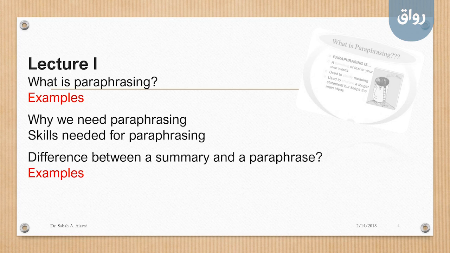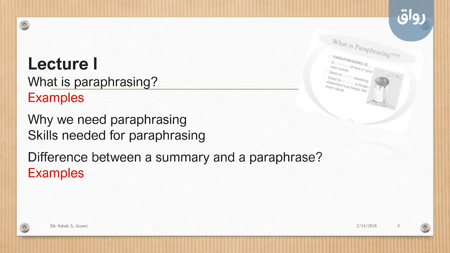Now, this skill requires 2 major skills, which are analytical skills, in order to understand the original text and to be able to recognize the main ideas, the details in it, and then think of how to put it in one's own language. And here we need the second type of skill, which is the linguistic skill.